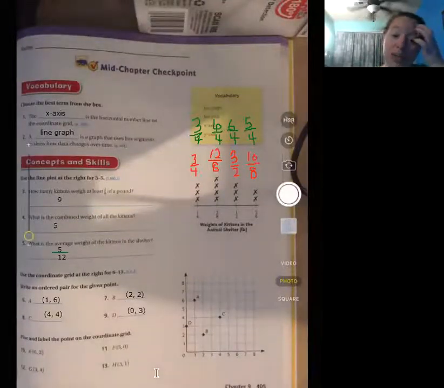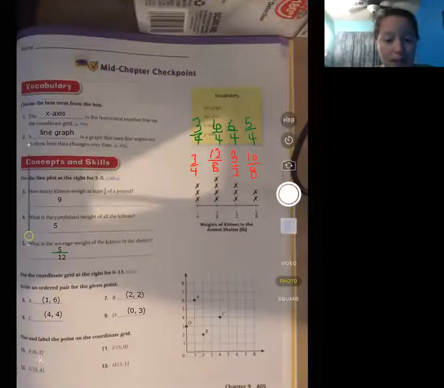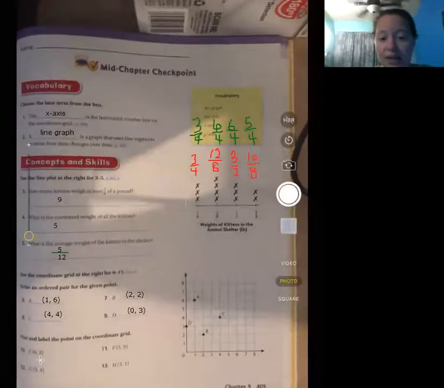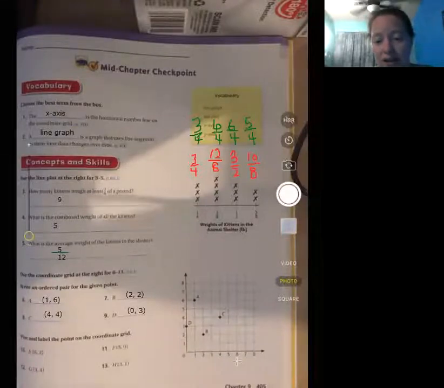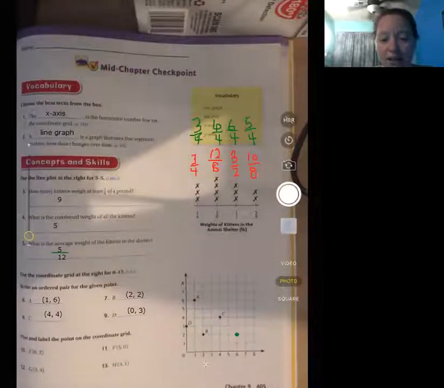Now we need to label these points. E is at 6, comma, 2. So we go across 6, and then up 2, and we end up with an E there. Okay. F is 5, comma, 0.